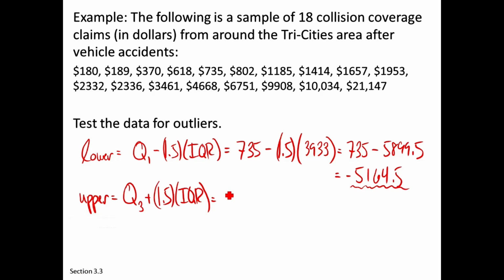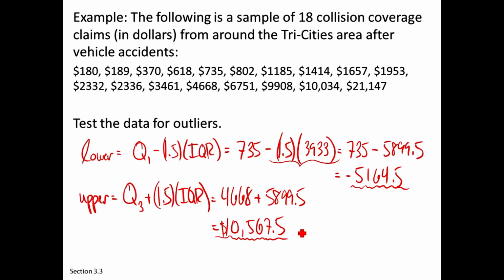We got it from our data originally. And then we add 1.5 times IQR. We already found what that was, 5899.5. And what do you get as your upper bound? It's 10,567.5. And that's our upper bound.